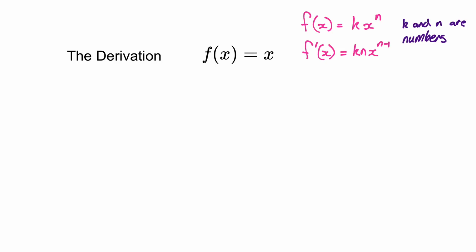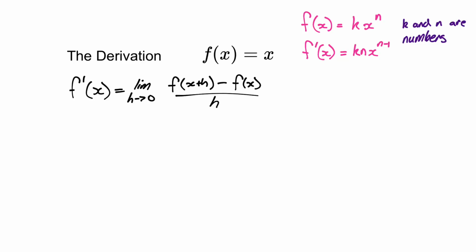The first function I'm going to be taking the derivative of is f(x) just equal to x. So from first principles, we start with f prime of x is equal to the limit as h tends towards 0 of f(x plus h) minus f(x) all over h.